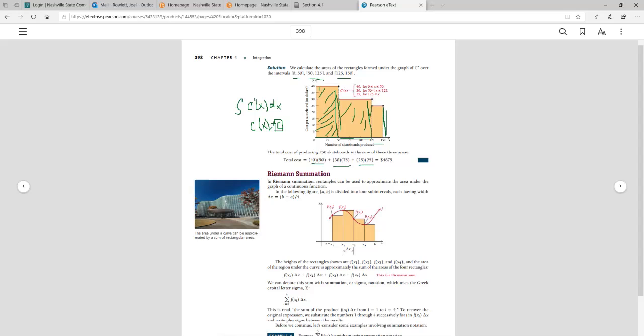So the total cost of producing 150 skateboards would be the area all the way from 0 to 150, which would be the cumulative areas of those three rectangles. So the total cost of producing that many skateboards is going to be $4,875. If you want to make 150 skateboards at these varying marginal prices, that's the cost to you.